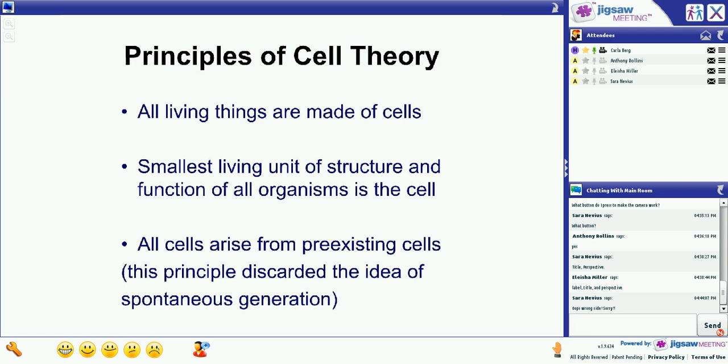The major principles of the cell theory are that all living things are made of cells. The dissections we do at the end of the class, all of those organisms are made up of cells. The trees outside are all made up of cells. A cell is the smallest living unit of structure and function of all organisms.